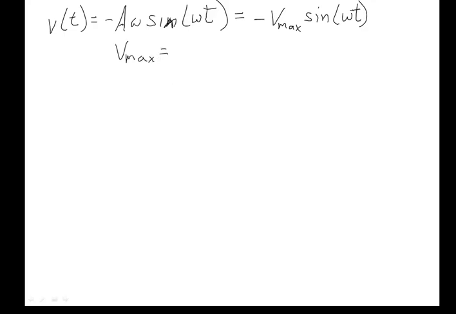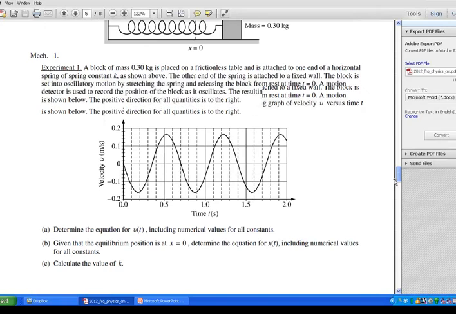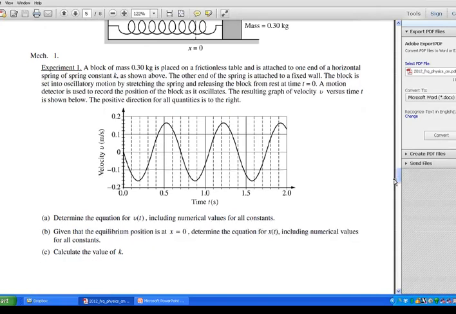To figure out v max in this particular problem, it's relatively easy. They give us the graph of velocity over time, and we can look at the maximum velocity, and it looks like it's right around 0.16 meters per second. So we're going to have to estimate a little bit, but that's a good enough estimation for our purposes.